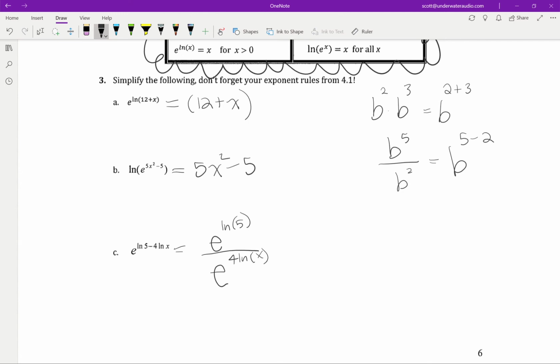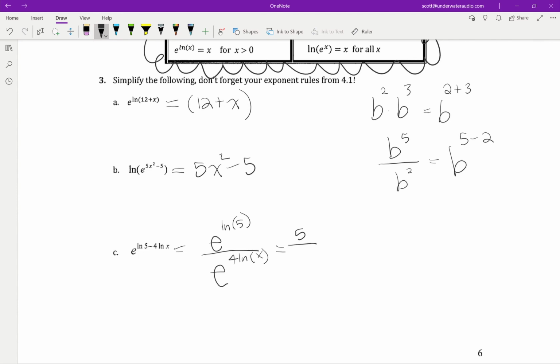So this helps me on the top pretty well. E in a natural log, that's going to go away to just what's in the parentheses, a 5. But on the bottom, it's a little bit more complicated because I have 4 natural log of x, so I can't immediately do anything with my 2 rules up at the top.